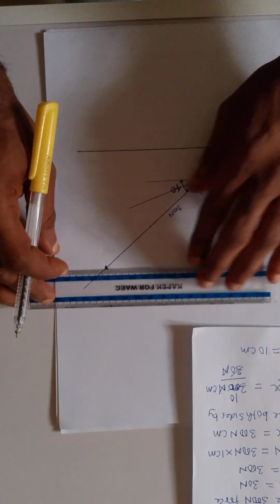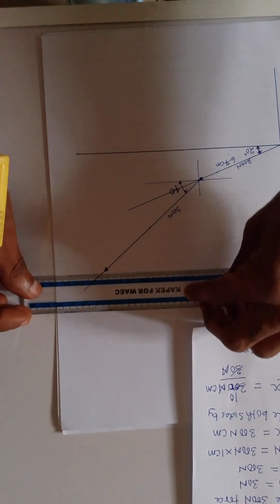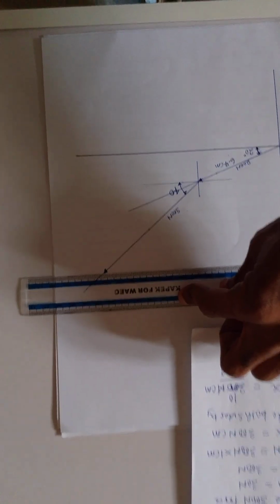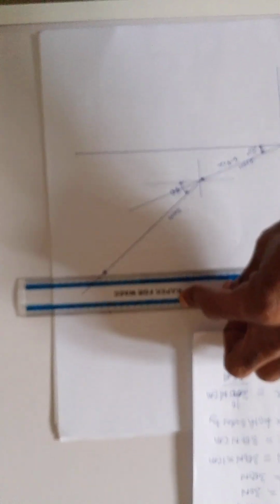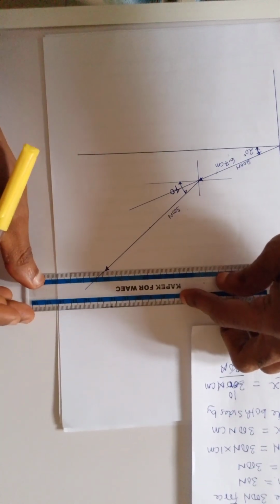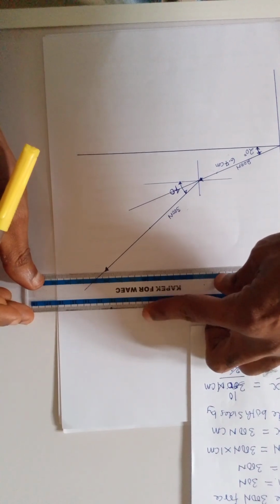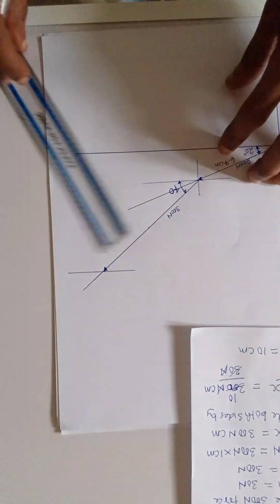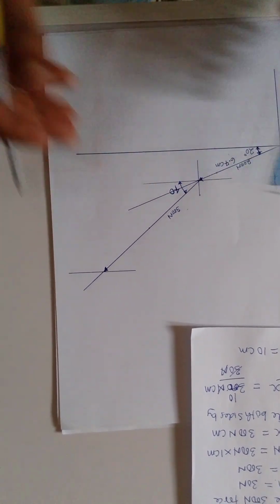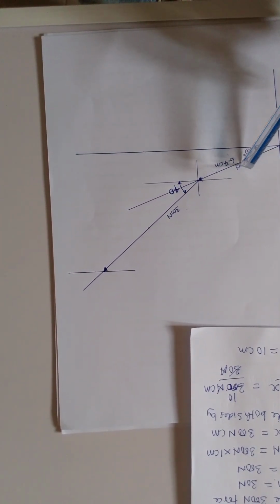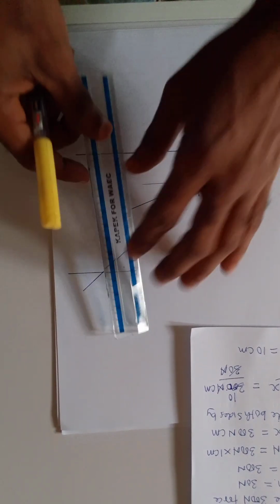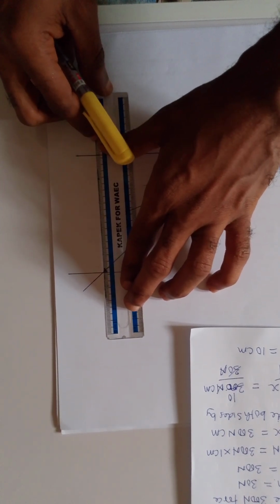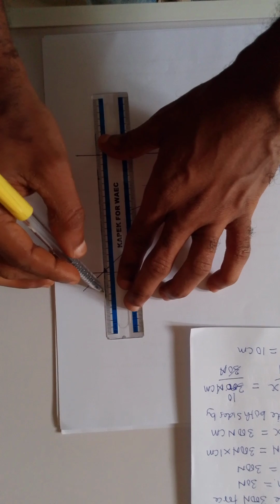The first thing is to draw a horizontal line parallel to this other line, because that is where our reference point will be. That is a straight line down.